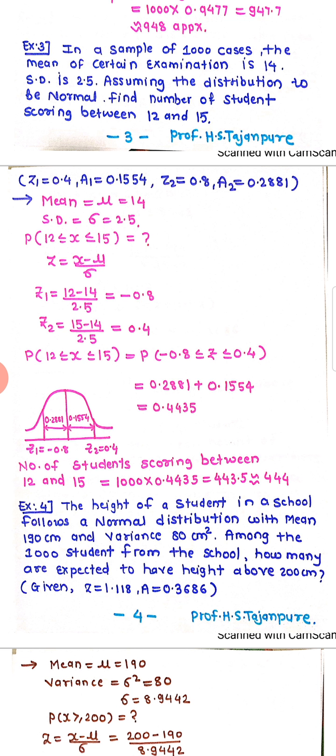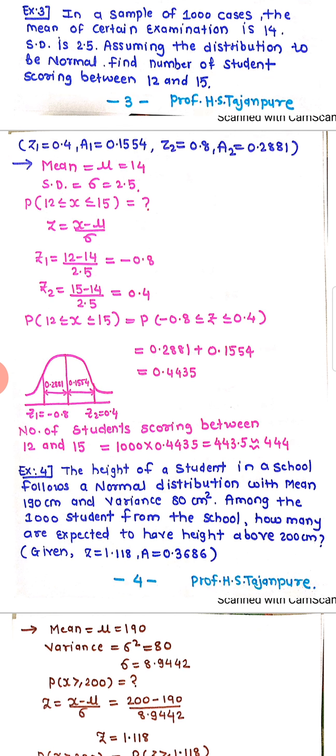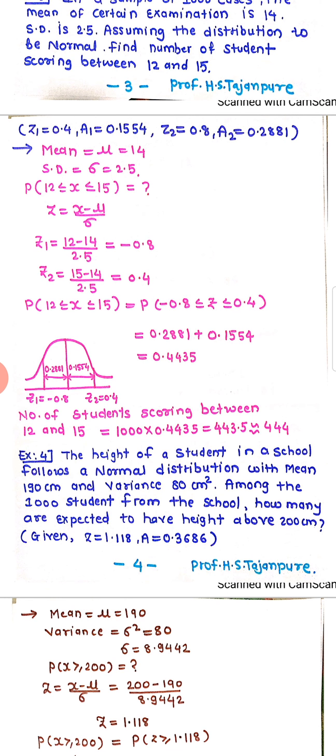For the values of x, 12 and 15, we'll find the value of z, by using the formula z equal to x minus mu upon sigma. So z1 equals 12 minus 14 upon 2.5, which is equal to minus 0.8. And z2 equals 15 minus 14 upon 2.5, which equals 0.4.